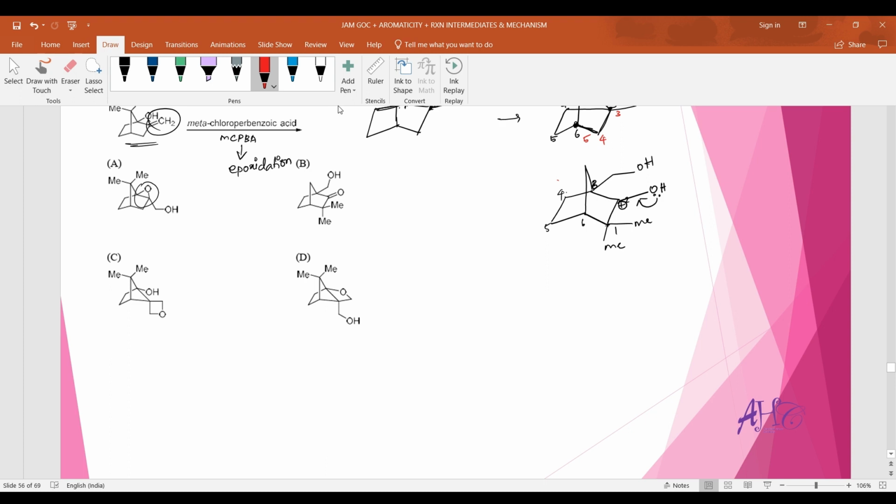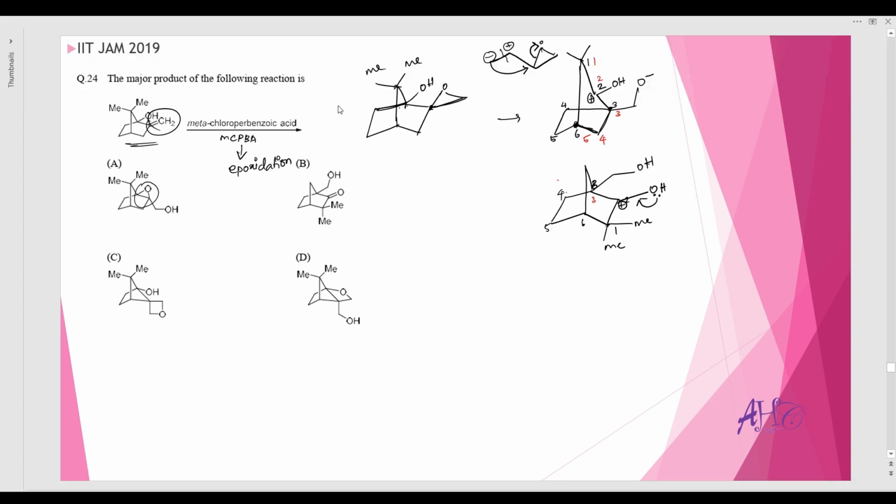So this is basically your third, this is going to be second, this is 1, this is your fourth, and this is your fifth. So basically you have one 5-membered ring here and one 6-membered ring here. So the final product is going to be like this.